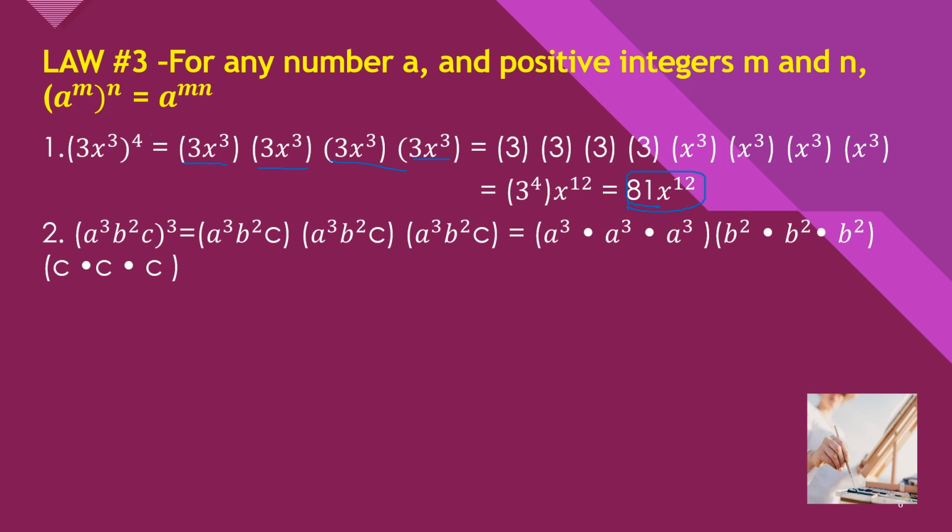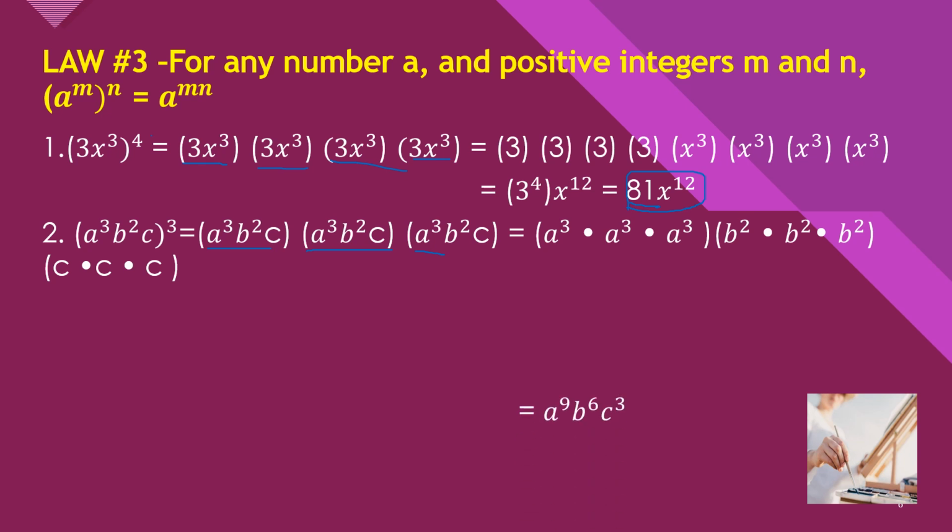Okay, so for a cubed b squared c with outside exponent 3, we need to multiply the given 3 times, then add all the exponents in the same literal coefficient, so 3 plus 3 plus 3, and then we have b squared, and then c.